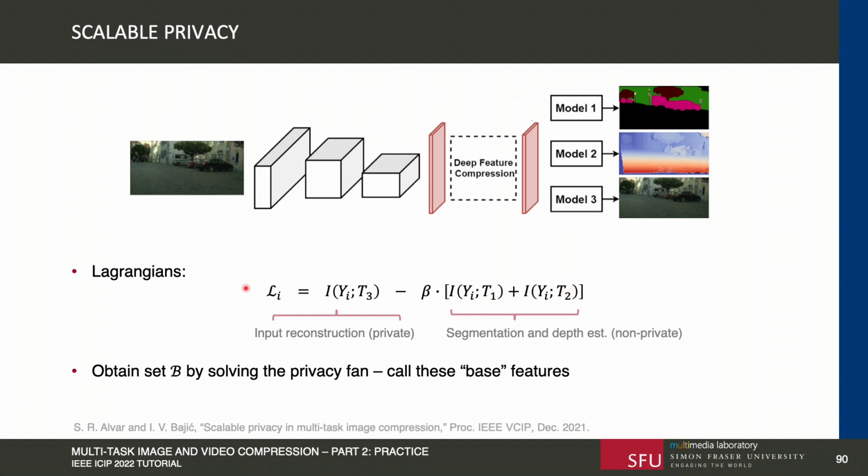And once such a Lagrangian is formulated for each of the features that need to be compressed, then using the Privacy Fan we can collect a set of features that are mostly non-private. In other words, they carry minimum information about private tasks while allowing non-private tasks to be accomplished at a certain level of accuracy. And we can call these base features.